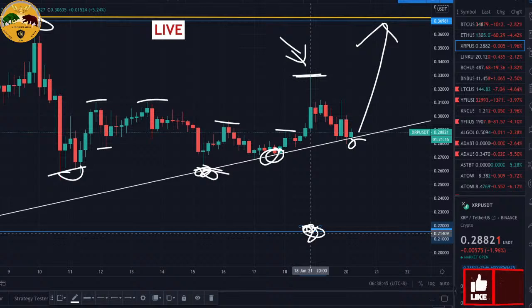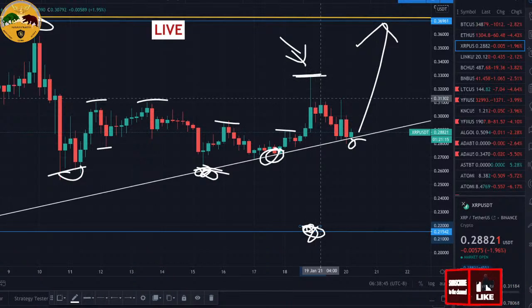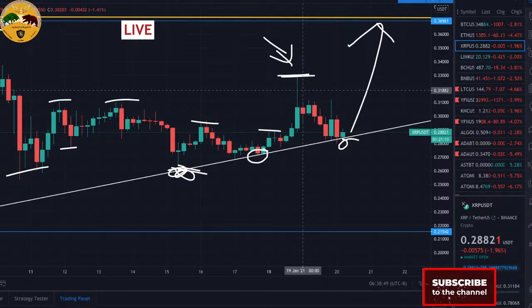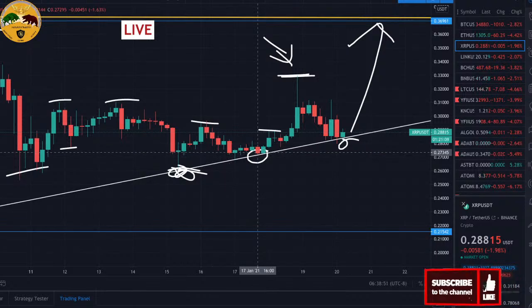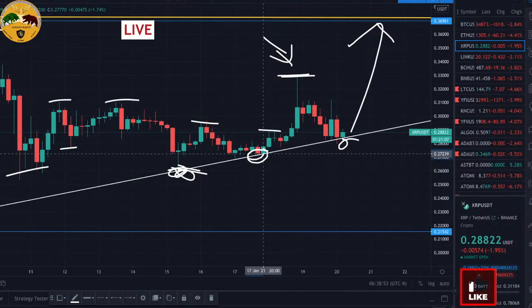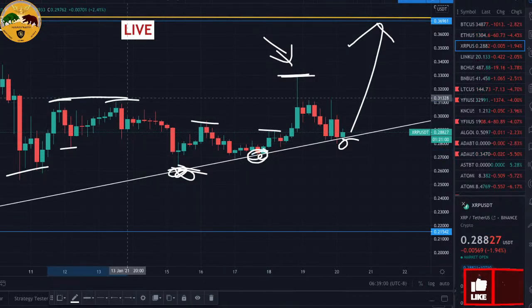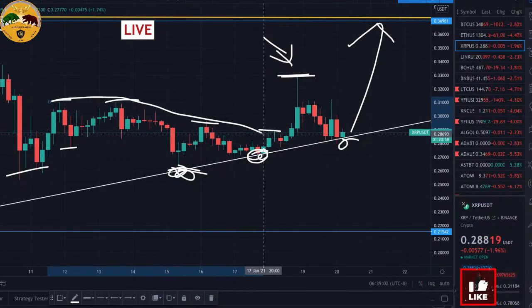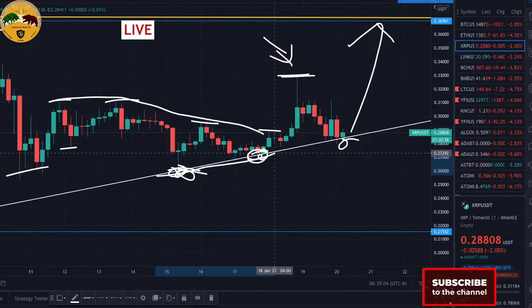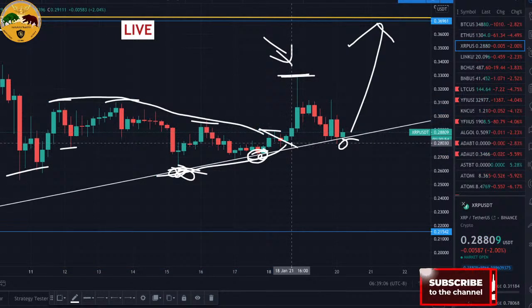But instead, the bulls did not allow bears to succeed in that aspect on the 4 hours. They were able to hold on to the 4 hours support by making higher lows. And you can see that instantly this market structure that was happening here also reacted right here. So we had a breakout, right? This breakout is our first breakout.